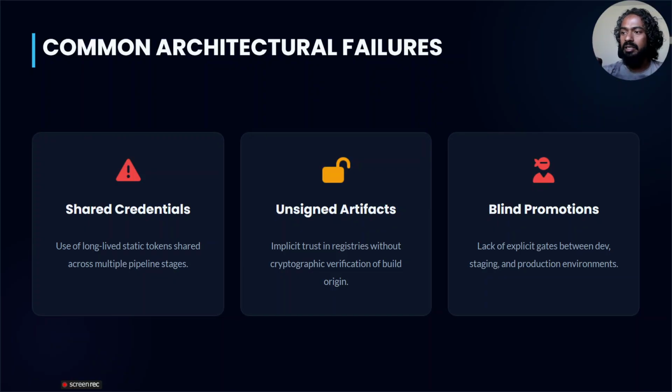Unsigned artifacts, because people will say, oh, we'll add it later, right? We all would have seen this. And no audit trail for who approved that. Even if we go backtrace, we'll not be able to find who exactly approved this, from where exactly this commit happened. So all these are not just mistakes, they are design decisions that were never revisited. It's going to be trouble for all of us.